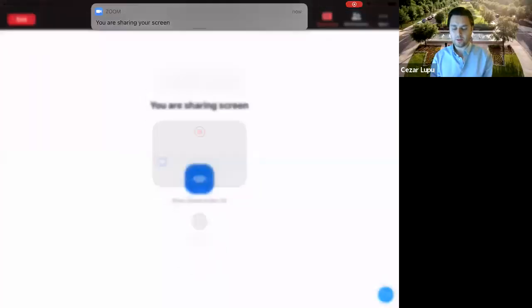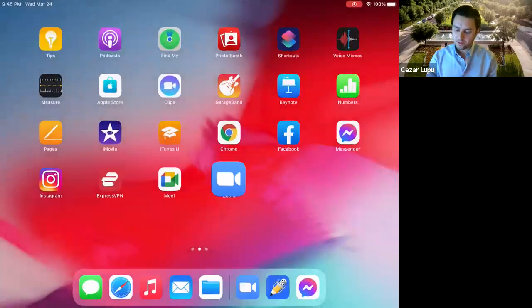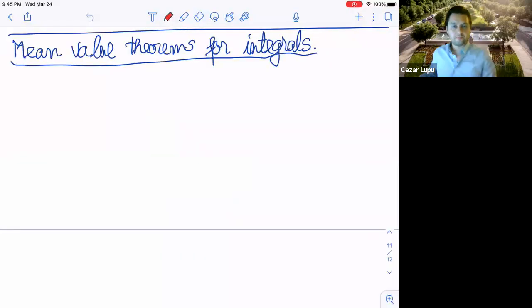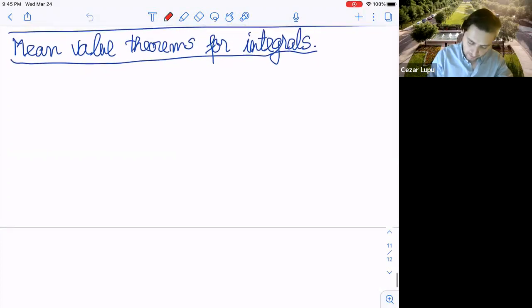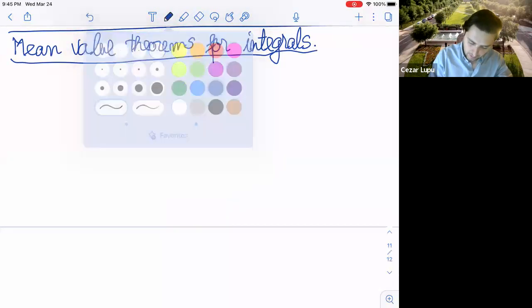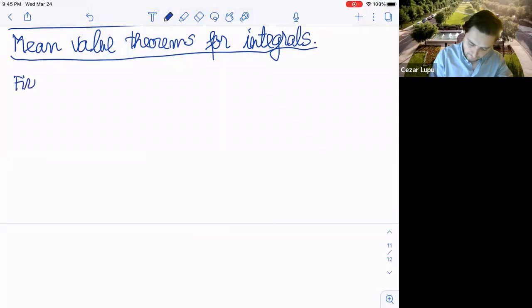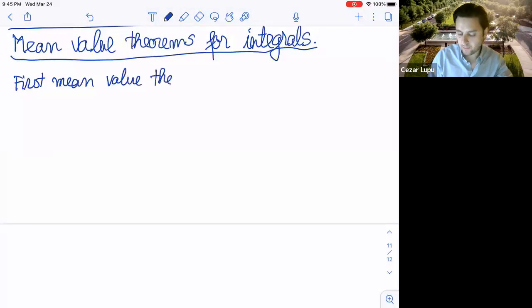So first, I would like to start with the statement of the two theorems, and then we'll see some applications. So let's start with the first mean value theorem for integrals.